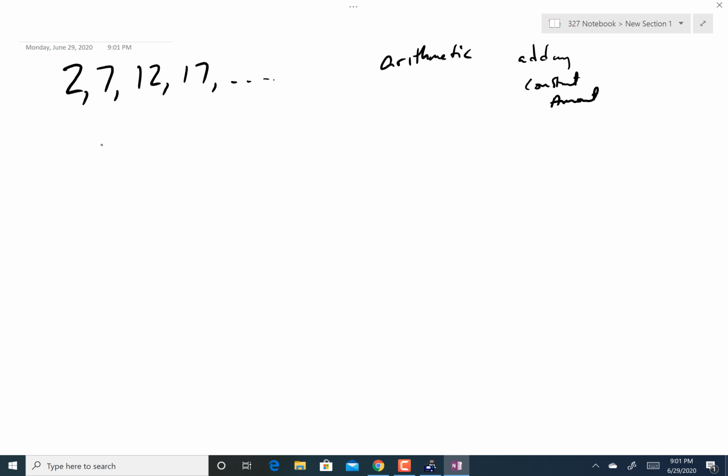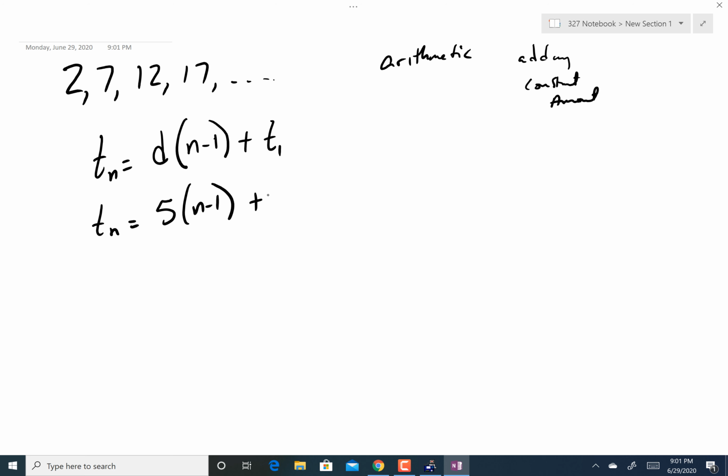So then it should look like y equals mx plus b. Basically, it does. I think an easier way to write it, though, is to say this. The common difference, in this case, 5 times n minus 1 plus the initial term, t1. So for this case, tn is equal to 5 times n minus 1 plus 2.